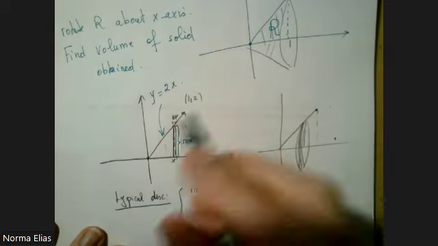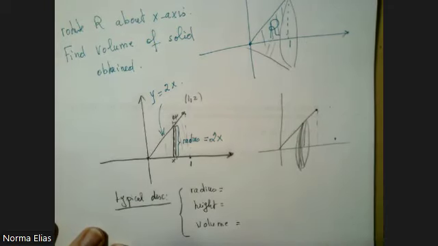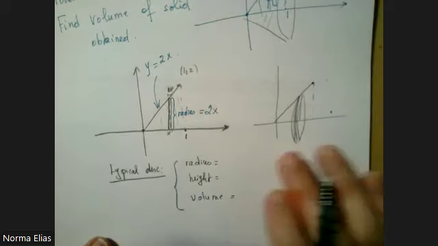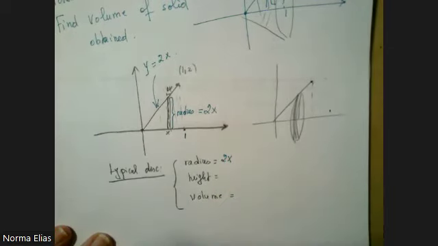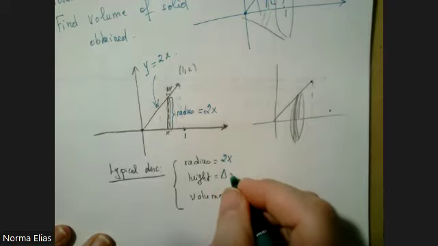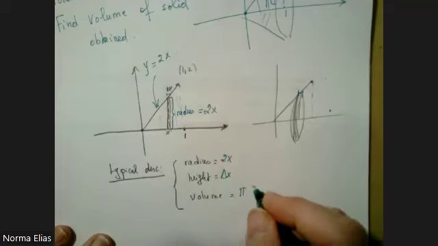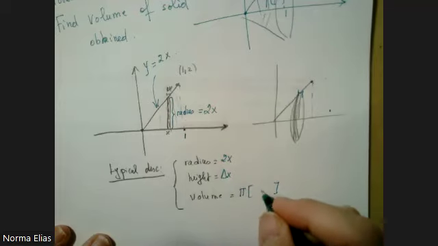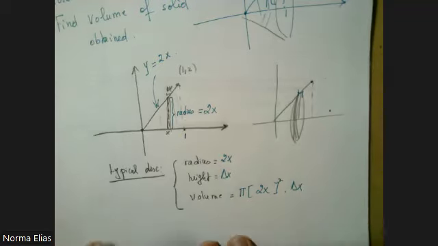So the radius is going to be 2x. I did not give you the function because it's very easy, so I expect you to be able to do it. Absolutely correct, Grant. So the radius is 2x or 2xi, whichever you want to use is okay for me. The height is the little delta x. The volume is pi times the radius squared times the delta x.